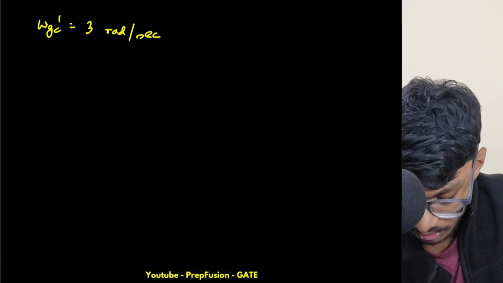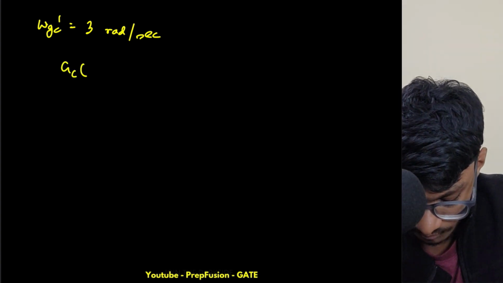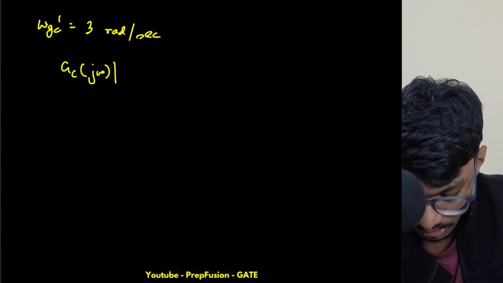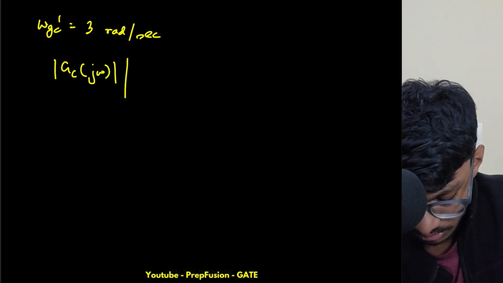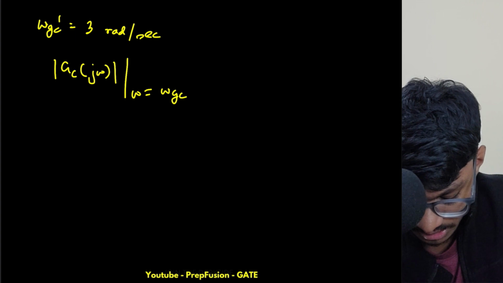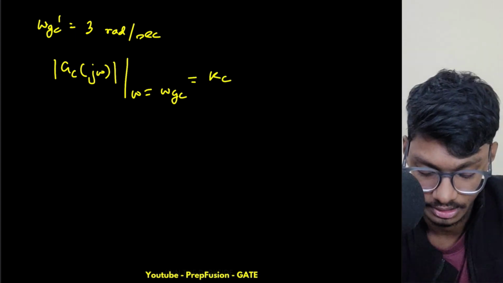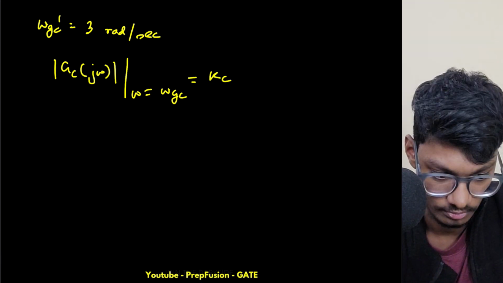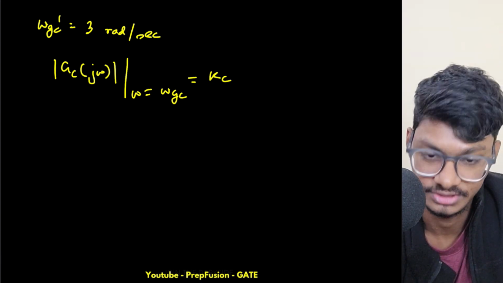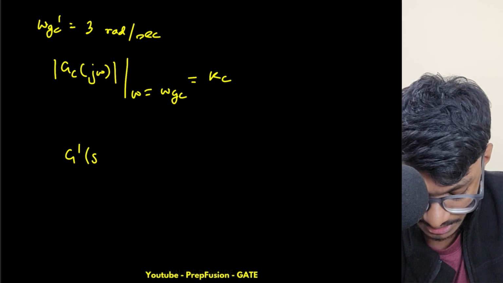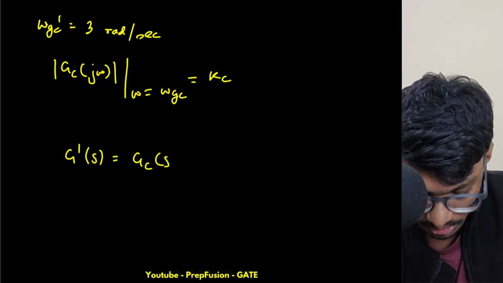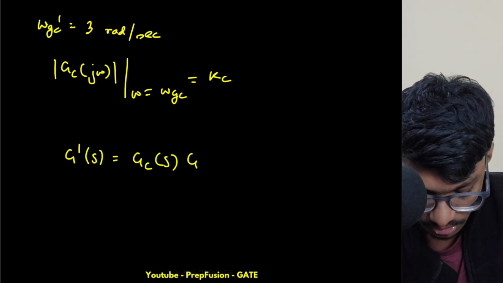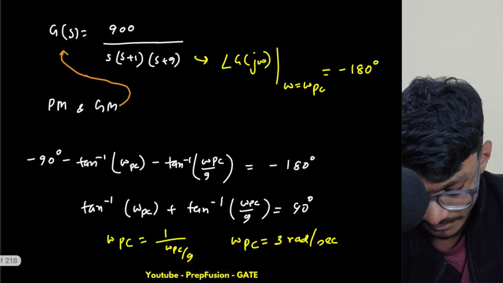If I assume the gain of Gc of j omega at omega equals omega gc is Kc, the controller gain, what will my overall compensated system transfer function be? It will be G dash of s, the compensator transfer function into G of s.